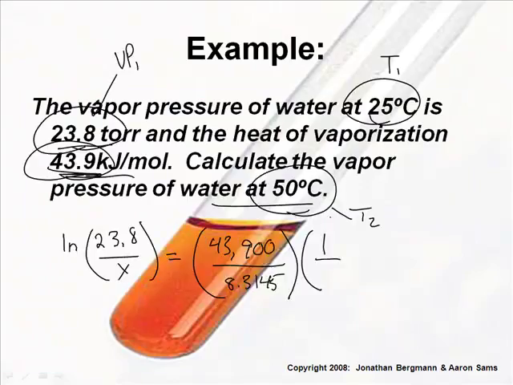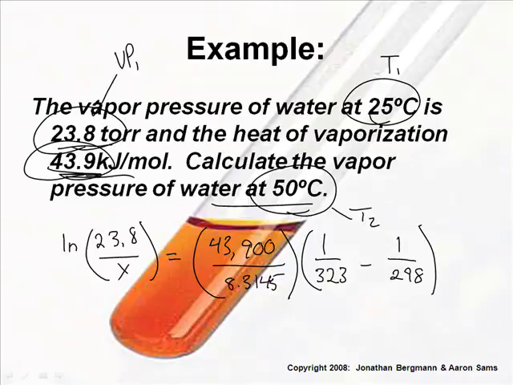Now T2 is 50 Celsius, and in Kelvin that is 323, minus 1 over 298. This, by the way, gets rid of the constant. The constant's not in this equation. And then you just plug this into your solver and solve for it.